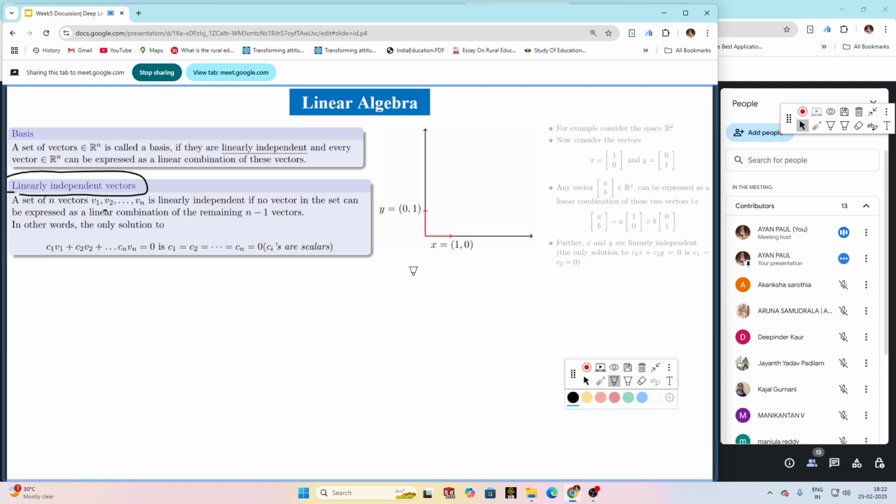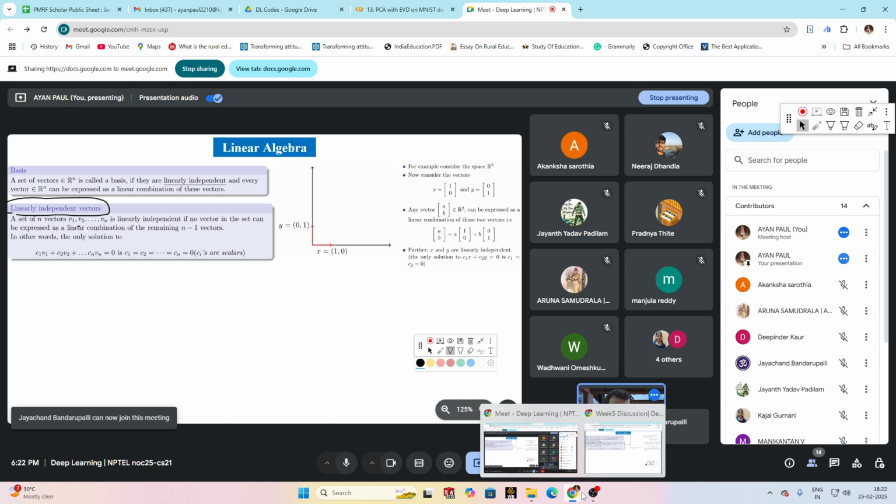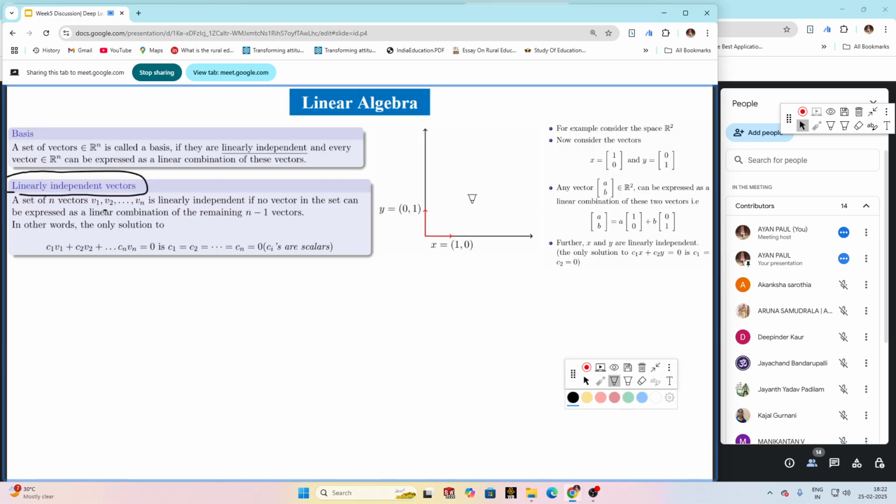Now where are we using this? For example, we have a data point and we are expressing it in a coordinate system. This coordinate system has two linearly independent vectors, that is 1 comma 0, the x-axis, and 0 comma 1, the y-axis.